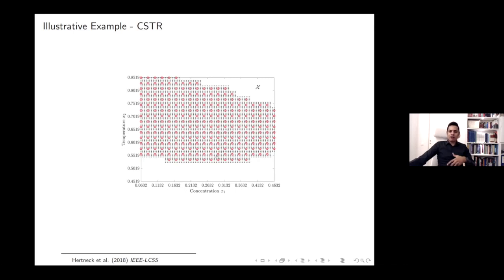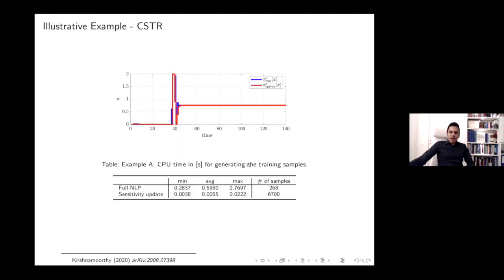Now I have gotten a training data set for all these data points without having to solve the optimization problem at all these data points. So in this particular example, I generated 6,968 data samples, out of which I only solved 268 optimization problems, and the remaining 6,700 samples I obtained by using a sensitivity update.